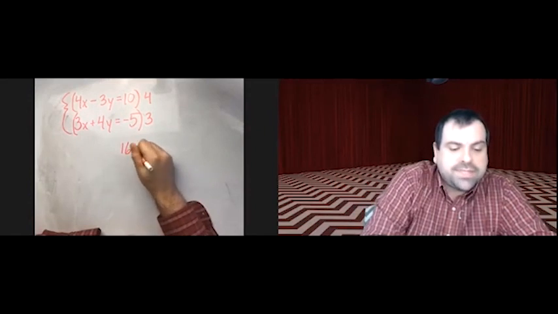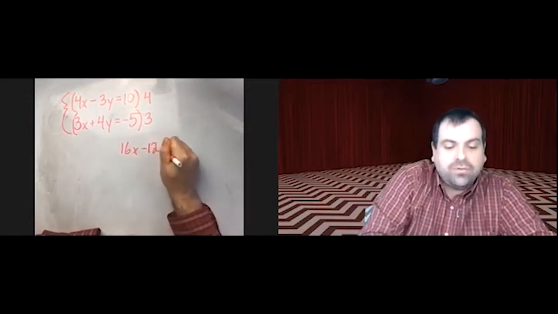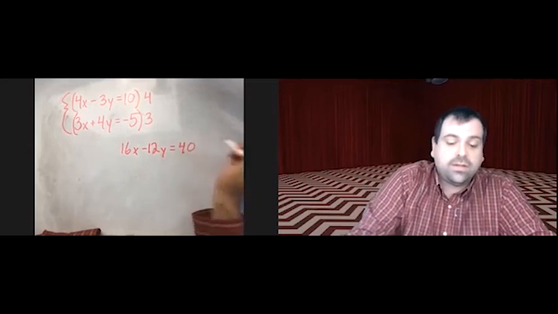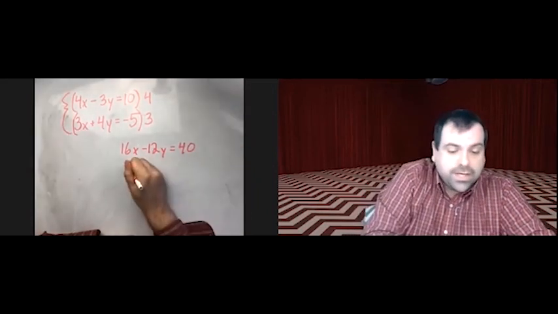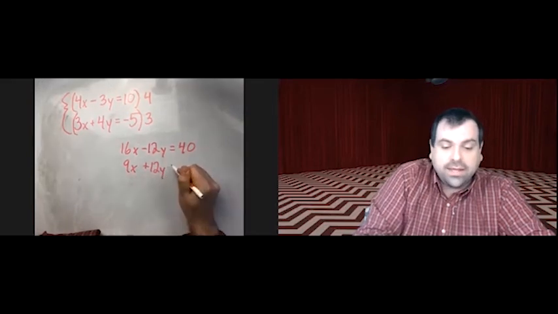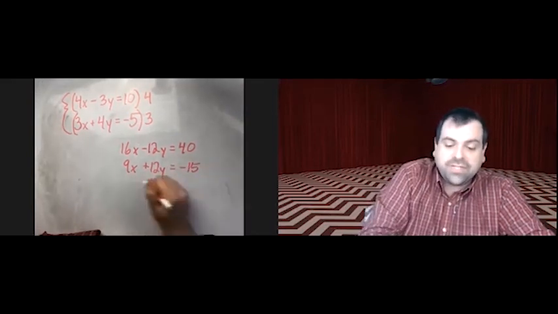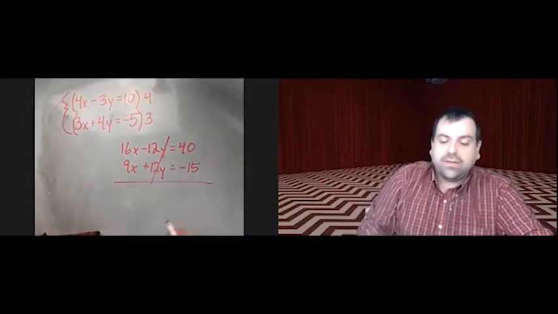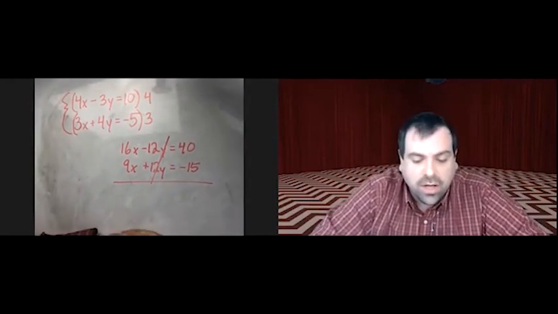First equation becomes 16x minus 12y equals 40. Second equation becomes 9x plus 12y equals negative 15. And when we add them together, the y's are now gone.